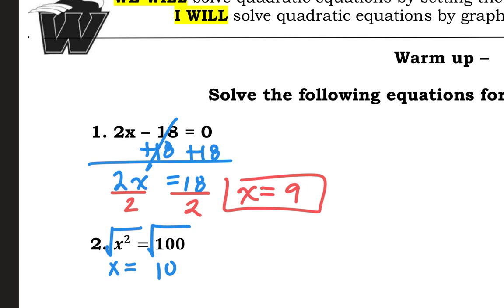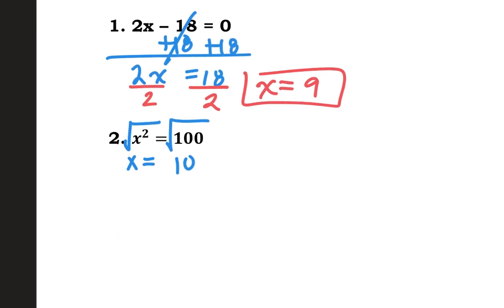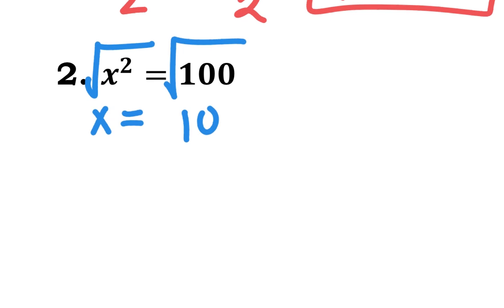All right. Now, the thing I want to talk about with x squared is if I'm looking for a measurement, you always want to take the positive value, but when you're taking the square root, technically you have two answers here. You have a positive 10, but you also have a negative 10, right?